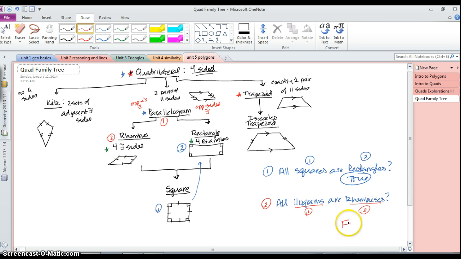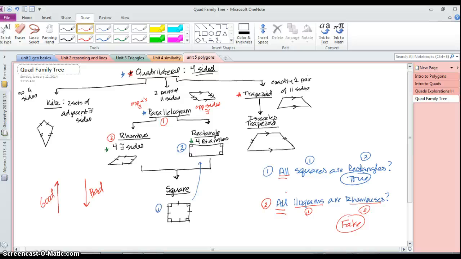Falling out of the tree is bad, so that statement is false. So all you have to remember is climbing the tree is good, falling out of the tree is bad. And this only works for the all type of sentences. If you read your all sentences as either climbing the tree or falling out of the tree, then you're solid as far as knowing whether those statements are true or false. Guarantee there'll be some of those on the test.